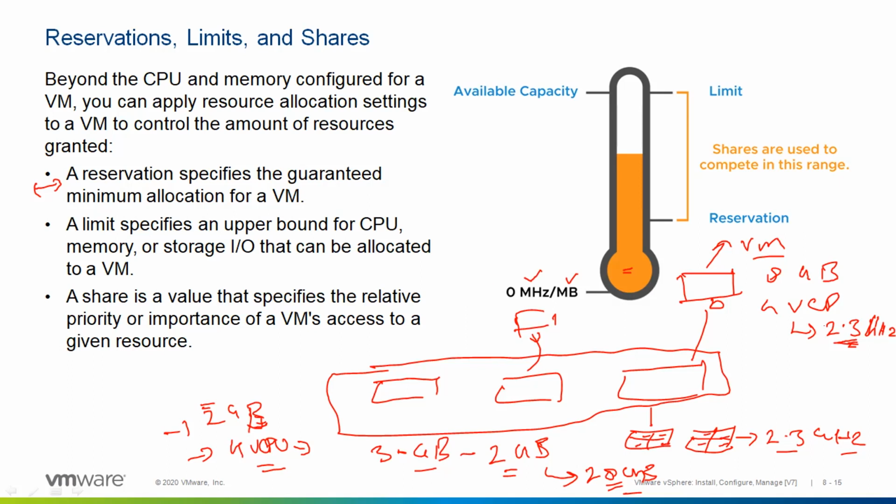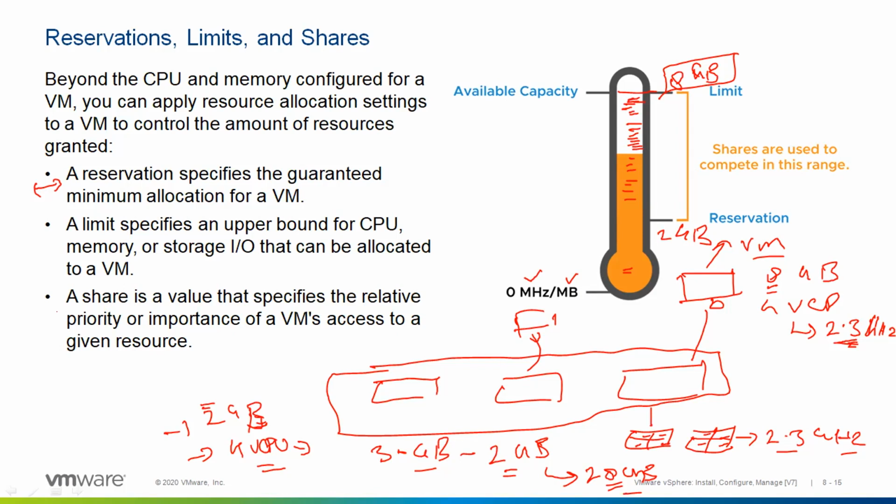It means that if we have assigned 8 GB of RAM, then the max limit is also defined here as 8 GB. So the virtual machine in any case will not use more than 8 GB, and your minimum reservation is 2 GB. So your memory utilization will happen somewhere between 2 GB and 8 GB. All right, clear?